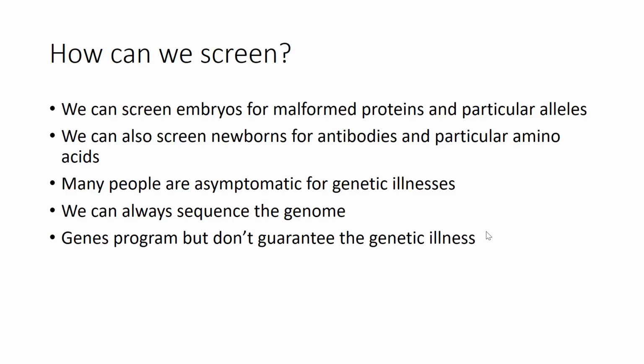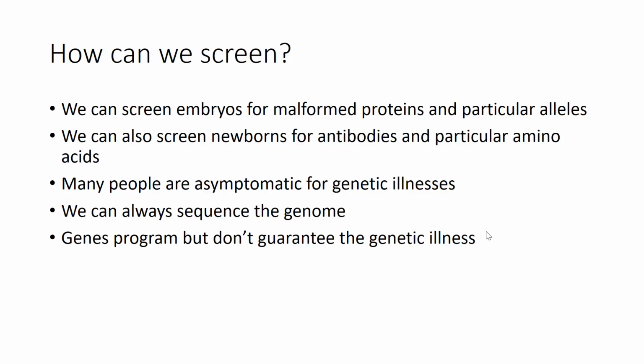Now, something to keep in mind is while the genes may program or set something in motion, they don't guarantee the genetic illness. And this is true even for the illnesses that are caused by particular mutations, because we can alter the environment to reduce the chances of developing the genetic illness or even eliminate it altogether.